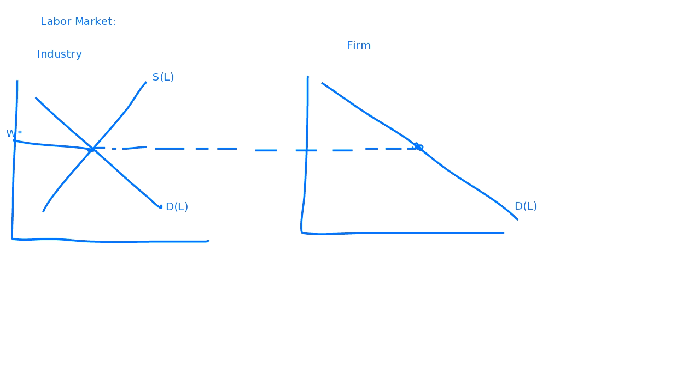So right here you see, where does this wage intersect with their demand curve? You can plot the wage on this axis and see where it intersects their demand curve, and that gives you your quantity demanded for labor.